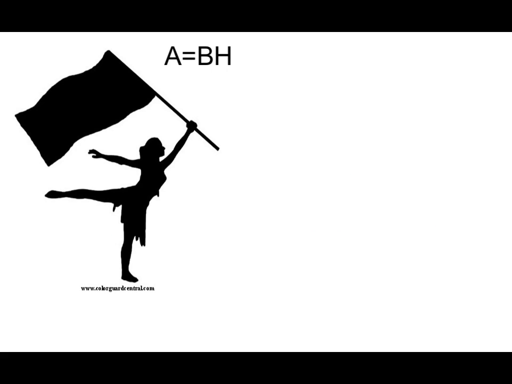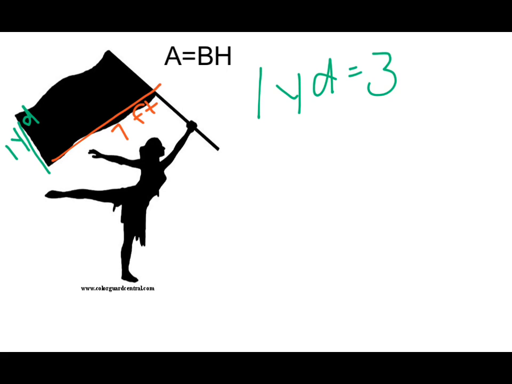Let's look at the flag below. The base of the flag is 7 feet, and the height of the flag is 1 yard. Now, we have two different units of measurement, which means we have to convert one. Since 1 yard is 3 feet, we are going to do the formula using feet.